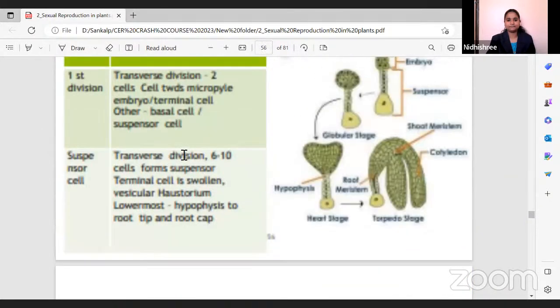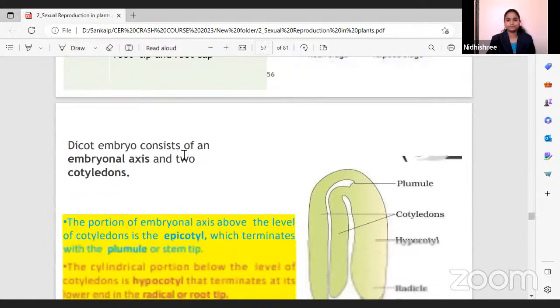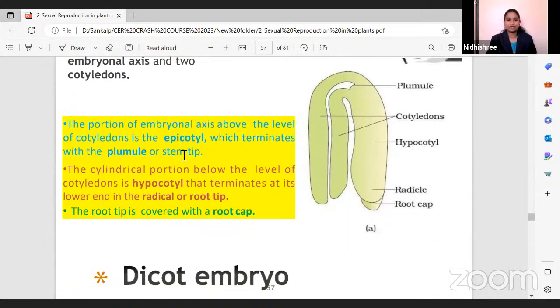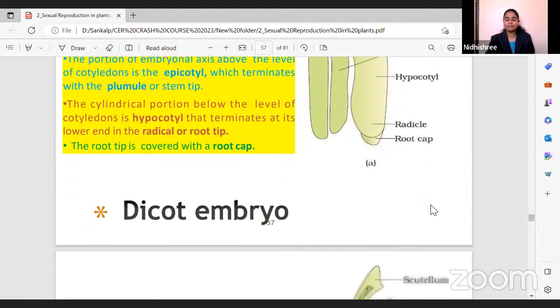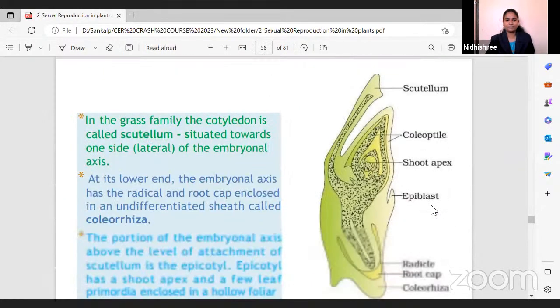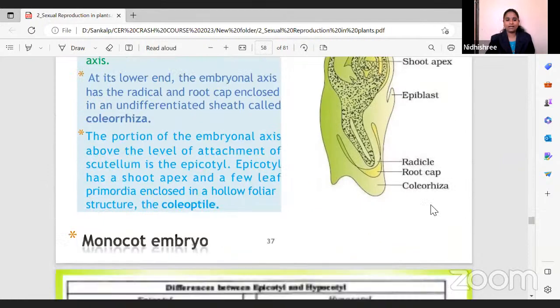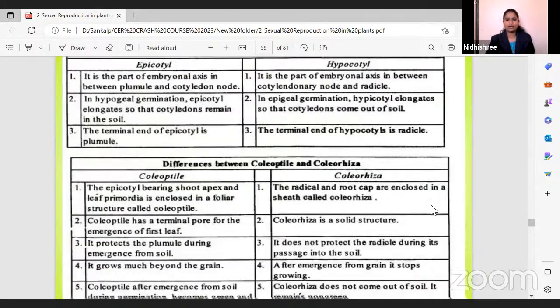Whatever you are seeing is a monocot embryo: plumule, cotyledons, hypocotyl, radicle and root cap. The radicle develops into root, and the plumule develops into the stem section. And epicotyl, hypocotyl.